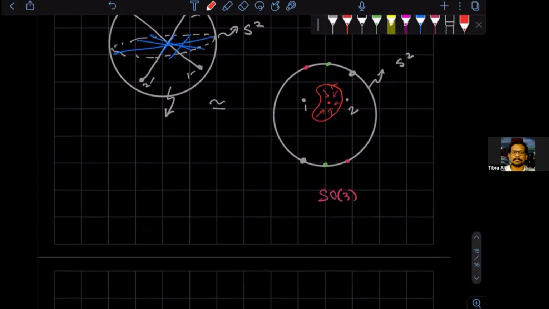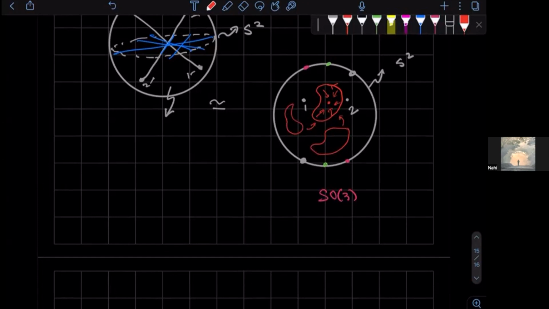Because if it's a rubber band with a very strong tension, then it'll become very small, right? So now any loop like that can be continuously deformed to a point. Do you agree? Yes, sir. So there's no unusual identifications here.